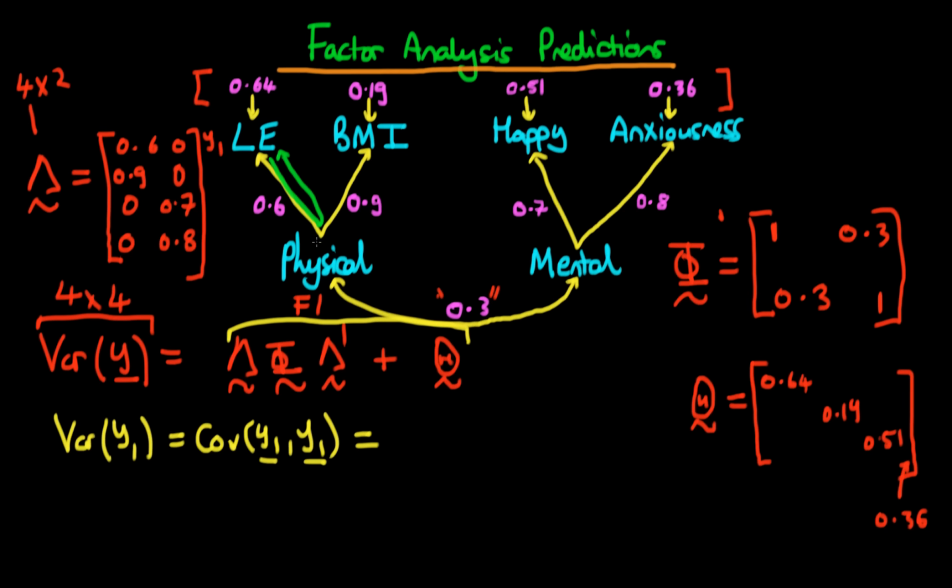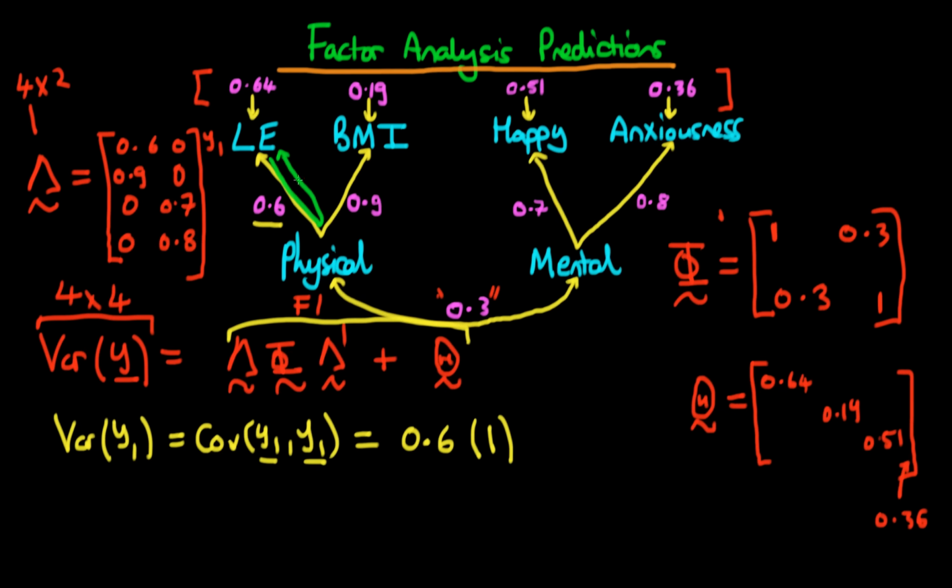So how do we use that to help us work out the variance of y1? Well, when we walk down, we encounter a weight of 0.6, so simply we write down 0.6, and then we hit this physical factor, and because we don't then walk to any other factor, we then want to work out what is the covariance of that factor with itself. And because we're dealing with standardized factors here, that's just going to be 1.